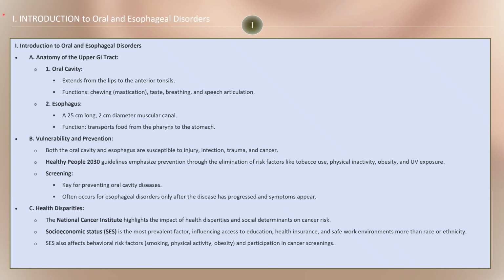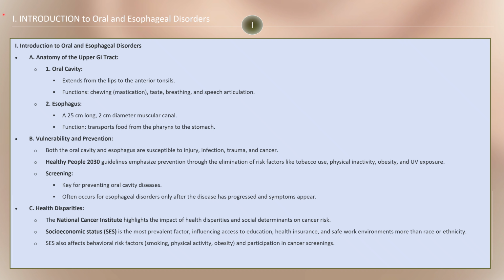Health disparities. The National Cancer Institute highlights the impact of health disparities and social determinants on cancer risk.